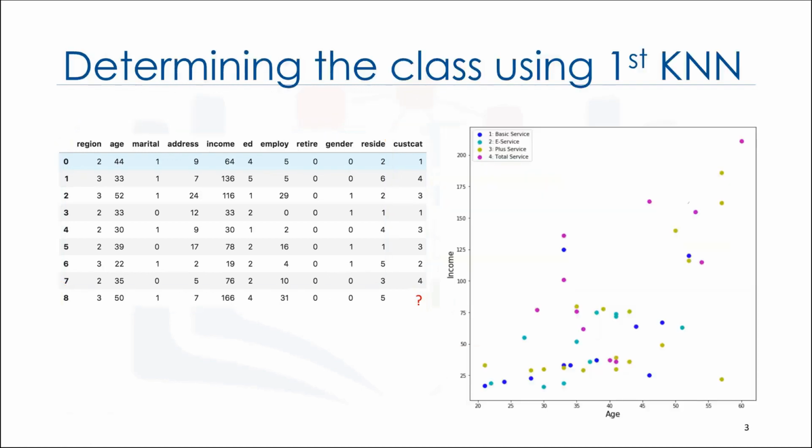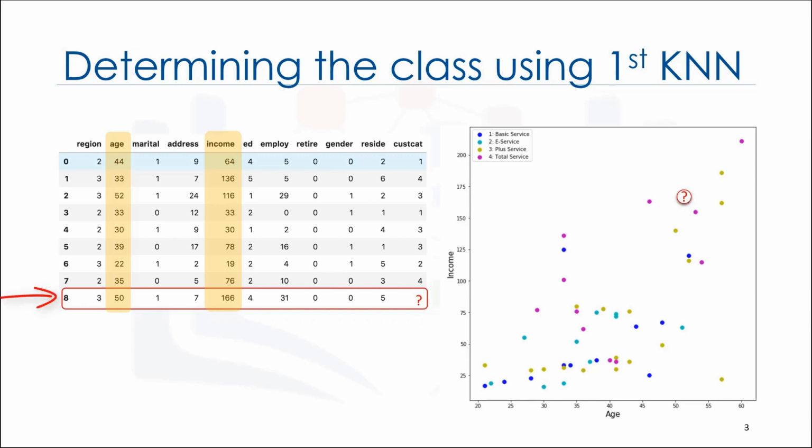Just for sake of demonstration, let's use only 2 fields as predictors, specifically age and income, and then plot the customers based on their group membership. Now, let's say that we have a new customer, for example, record number 8, with a known age and income. How can we find the class of this customer?